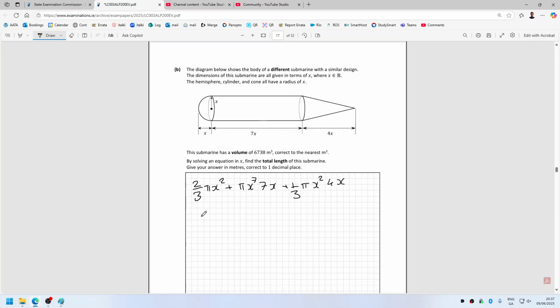So that is 2/3 pi x squared plus 7 pi x plus 4/3 pi x cubed should equal 6738.